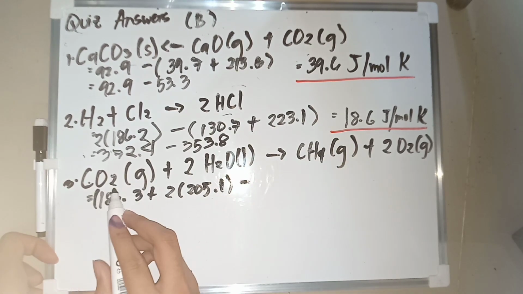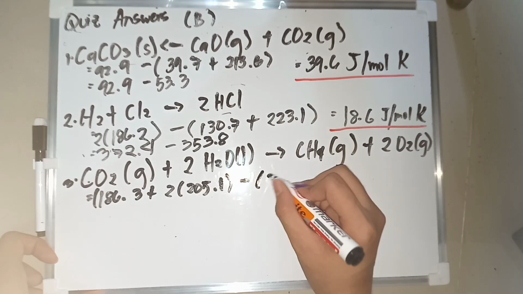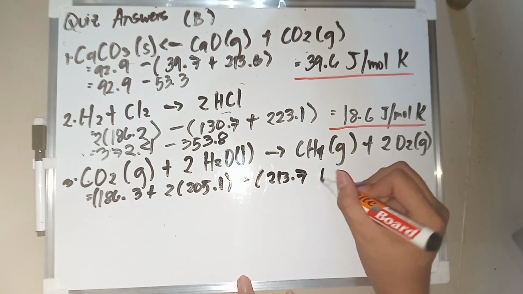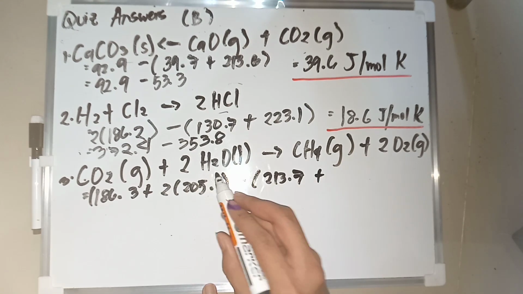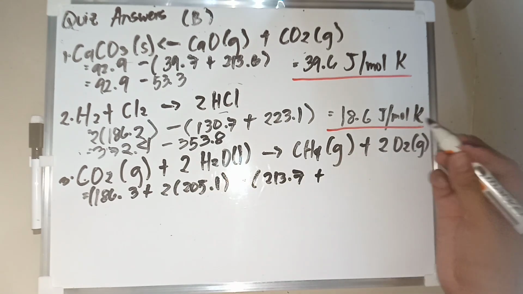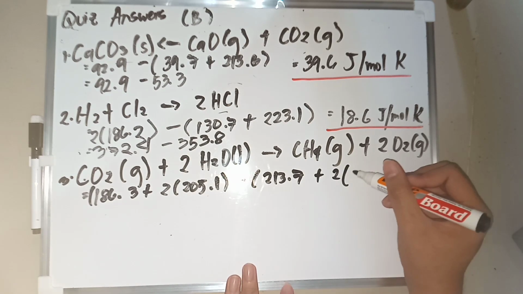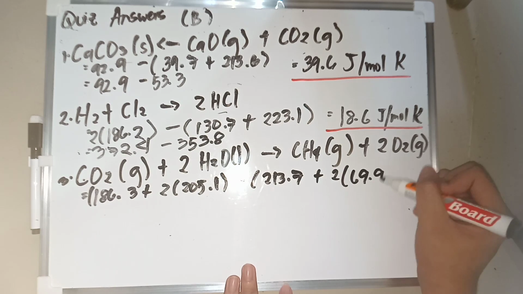Minus CO2 gas, the value of our CO2 gas is 213.7, plus we have 2 molecules of H2O, so 2 times the value of H2O, which is 69.95.